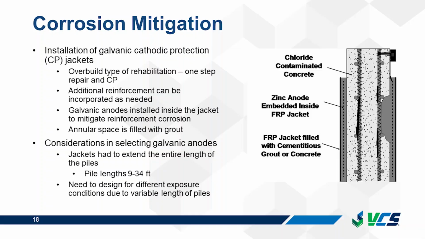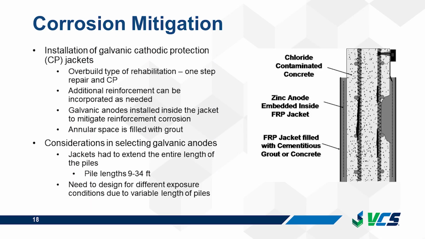So for corrosion mitigation, we recommended installation of galvanic cathodic protection jackets. You see a schematic of the jacket here. So what you have in the jacket is an FRP or PVC jacket, which is essentially a stay-in-place form.